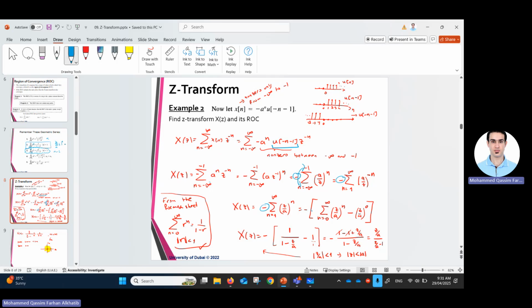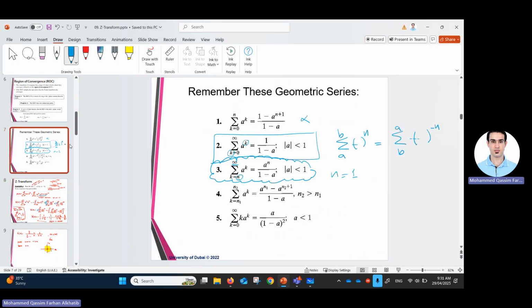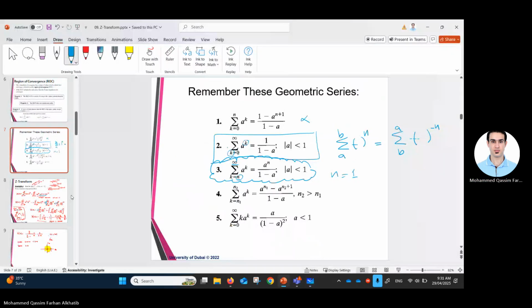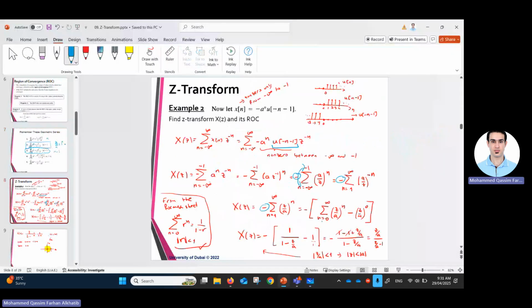In this slide, they solve it differently. They partition the summation to start from 0 to apply this expression, but this one also will lead to the same answer. So it's going to be from 0 to infinity minus this first element. Finishing this, you will get the exact same expression.